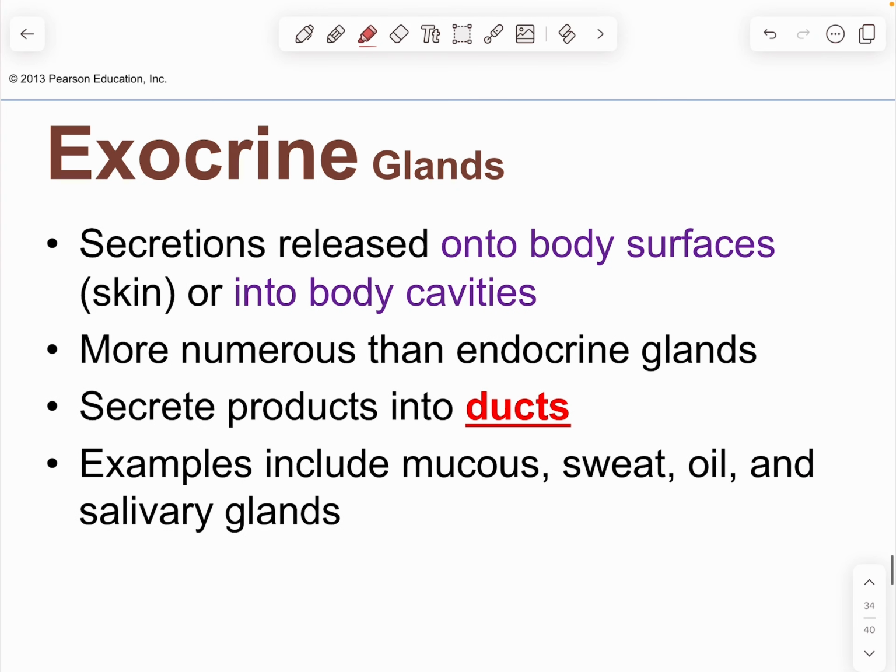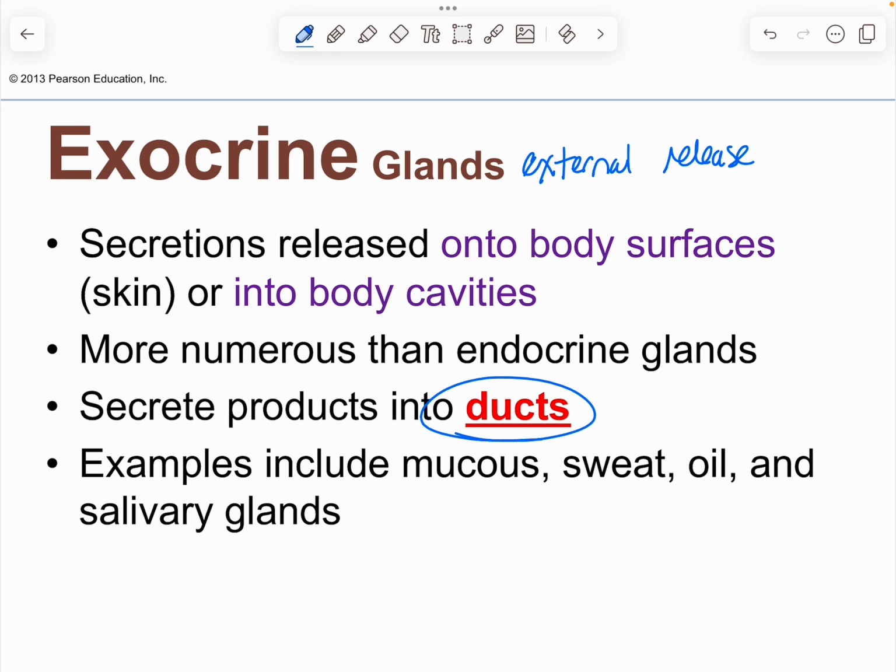The exocrine glands, okay, instead of being released inside the cell and then exocytosis being used to move the substance out of the cell, these secretions are released through ducts directly onto body surfaces or into body cavities, okay? So external release, right?